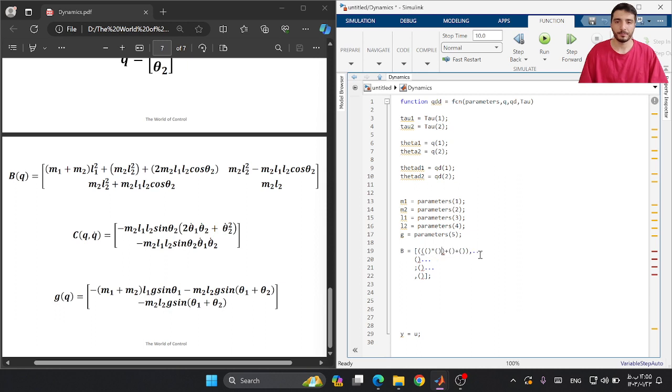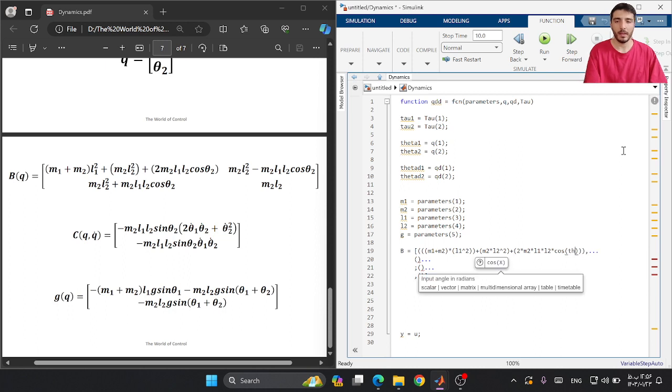We have L1 to the power of 2 times (M1 plus M2). The second term is M2 times L2 to the power of 2, and the third one is 2 M2 L1 L2 cosine of theta 2.